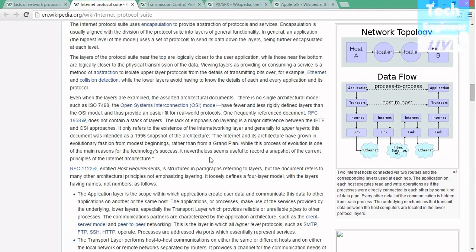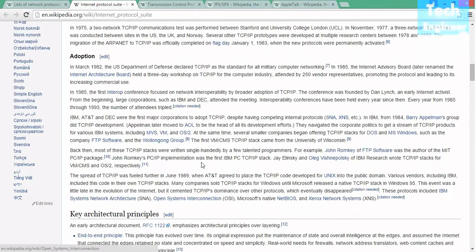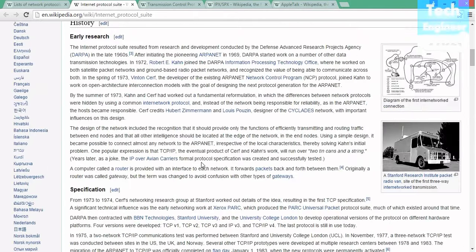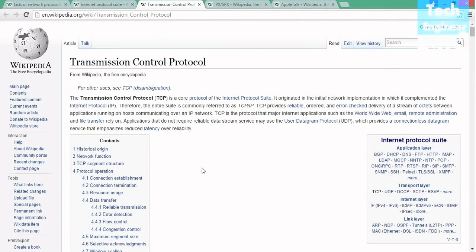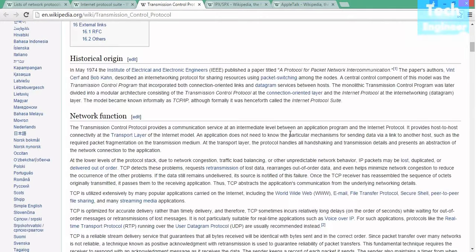It's also known as an intranet protocol. We can learn more about TCP/IP, but the main thing I want to tell you is that this is an open source protocol.